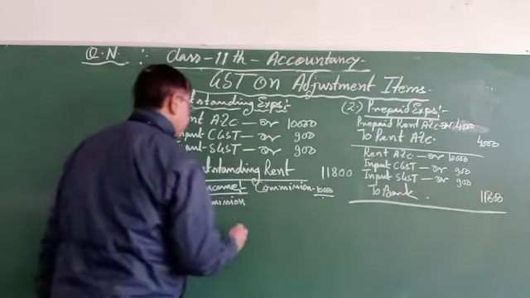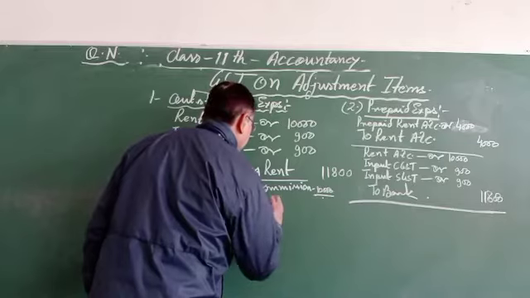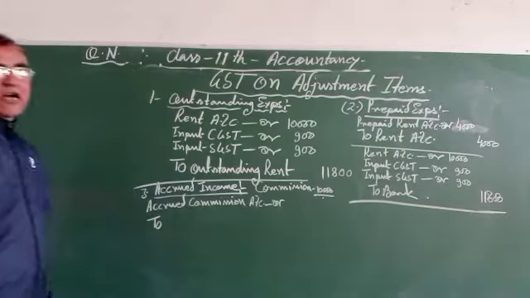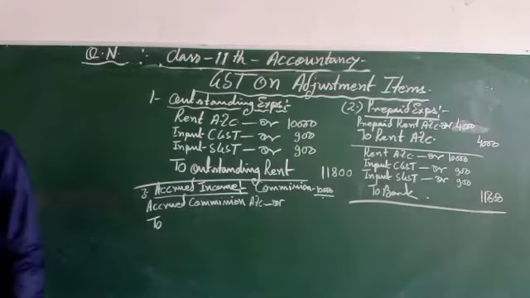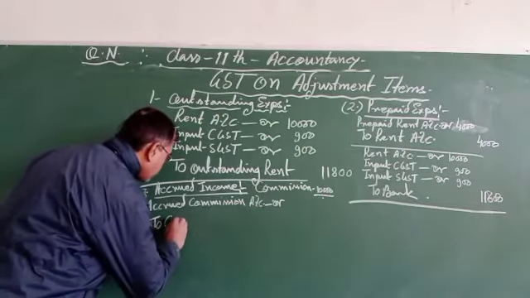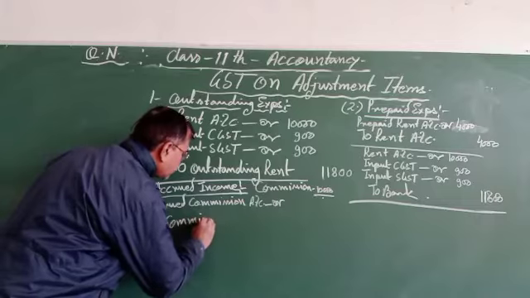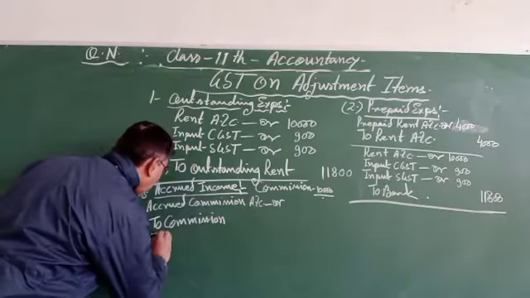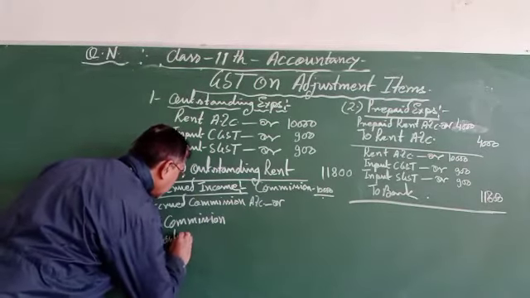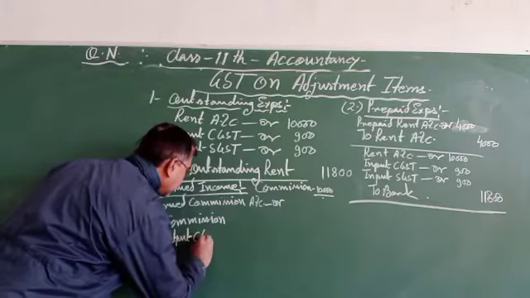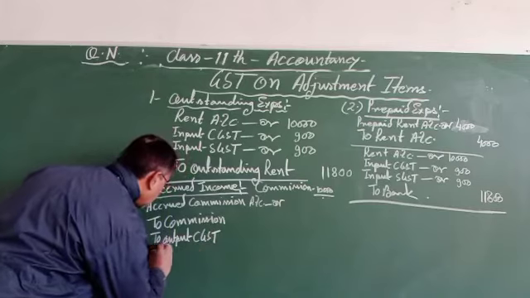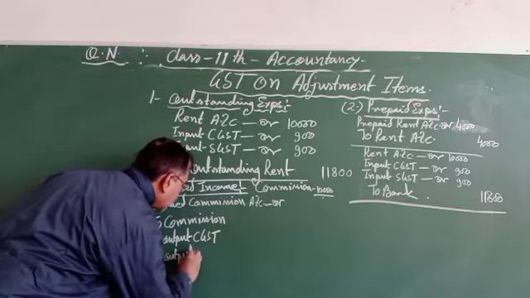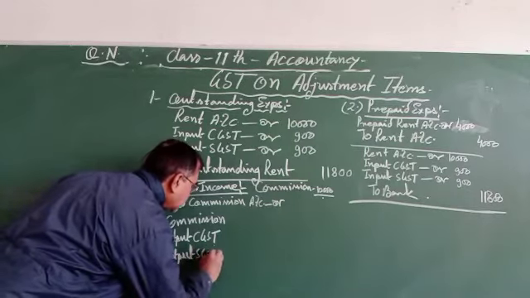commission account debit to commission account, to output CGST, to output SGST account.